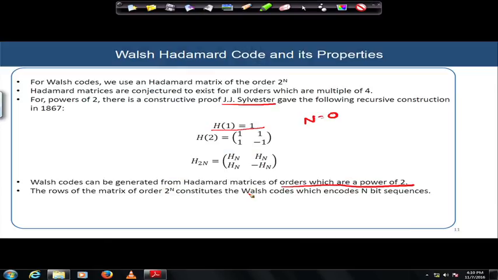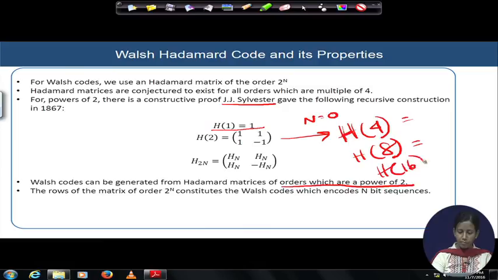We can do a very nice exercise at home. From H2 onwards, proceed to construct the structure of H4 and H8, and try to find some similarities from H8 and H16 onwards.